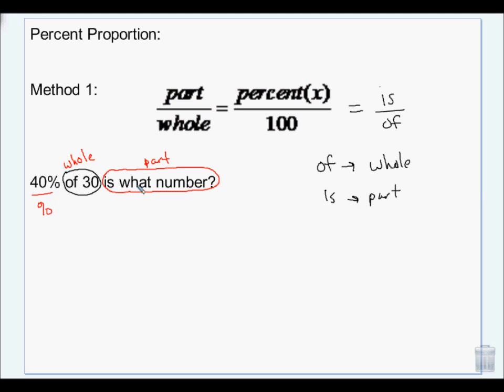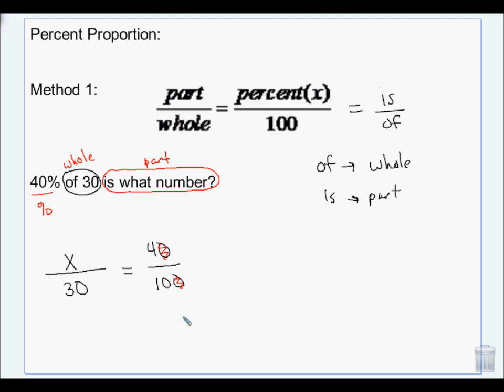So if I want to set this up, this is my part. I don't know what that is, so that's X. My whole is 30. My percent is 40, and this is always 100. Now to make my multiplication easier, whenever I have zeros on the top and zeros on the bottom, I can take out matching zeros. If there's 1 and 1, I can take out 1 and 1.